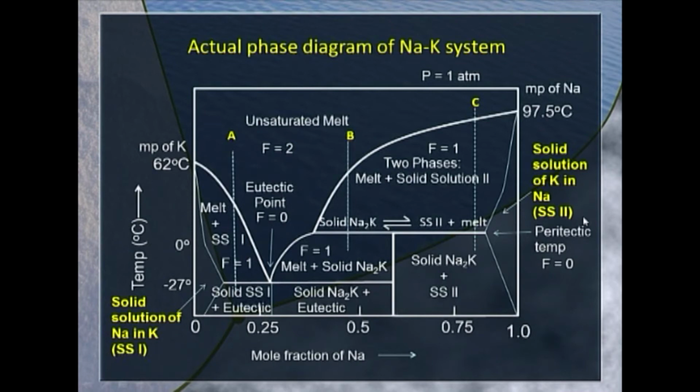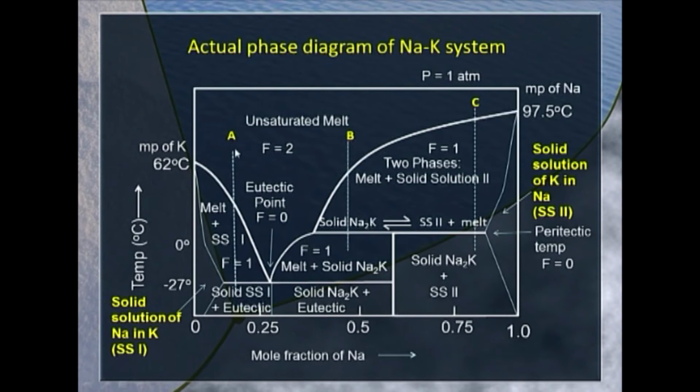Now, let us look at the systems when cooled give us different changes or transitions. Let us start with a melt corresponding to composition A. The number of degrees of freedom being 2, cooling can be smooth, the temperature decreases, nothing happens otherwise till we reach the liquidus line here, at which the solid appears.